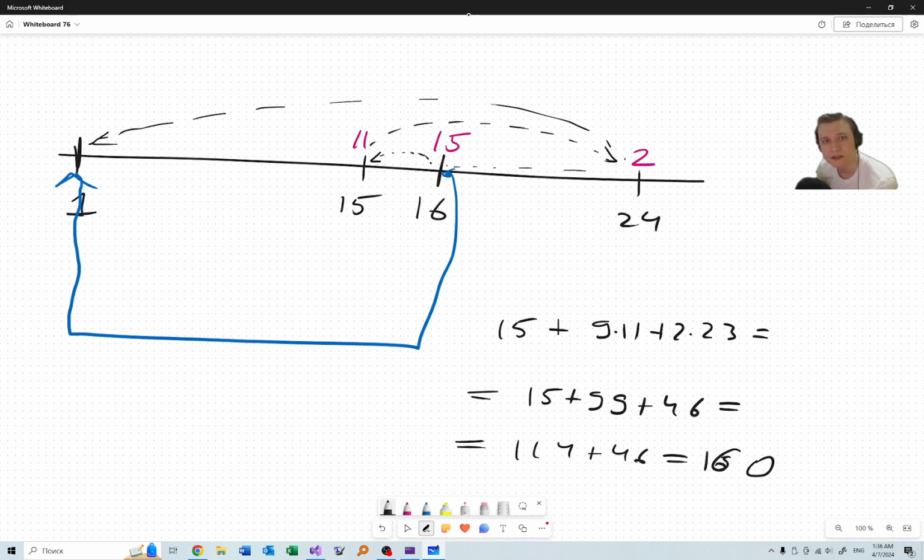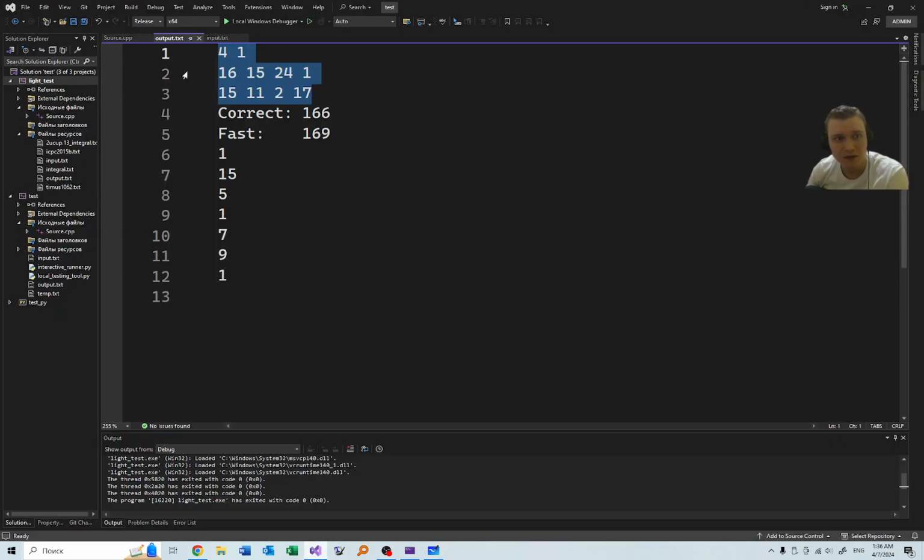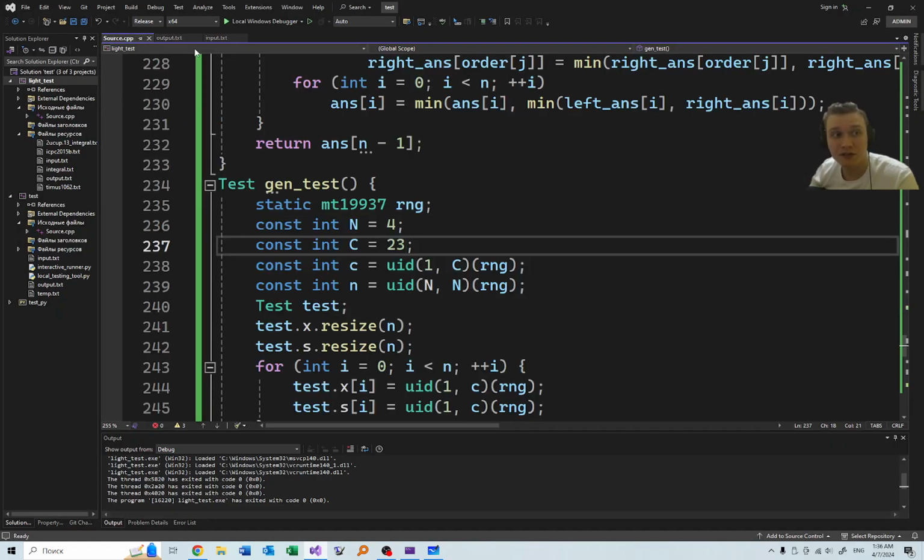And it will take 8 times 15 plus 23 times 2, which is equal to 146. Yes, you can see it. However, 166. However, for some reason, my solution says 169, which is definitely incorrect.